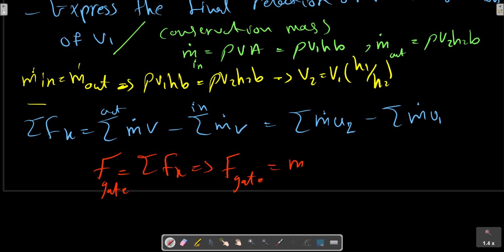Sigma Fx, F gate equals m dot (u2 minus u1). We know that we have a relation for m dot. Let me write again, F gate equals m dot (u2 minus u1).